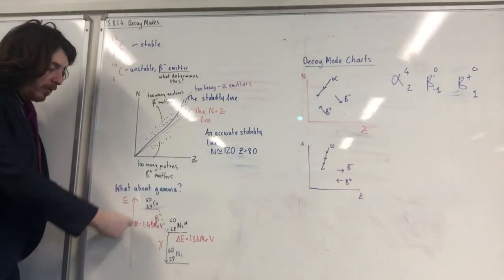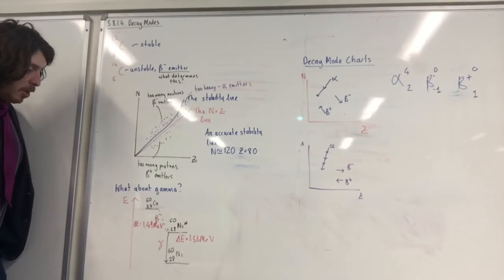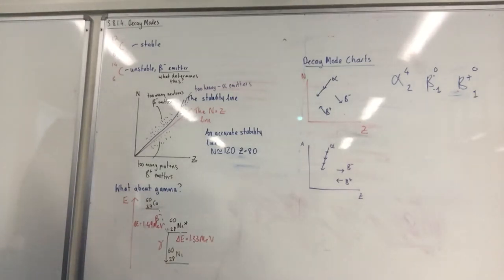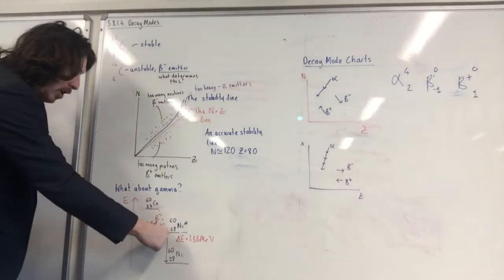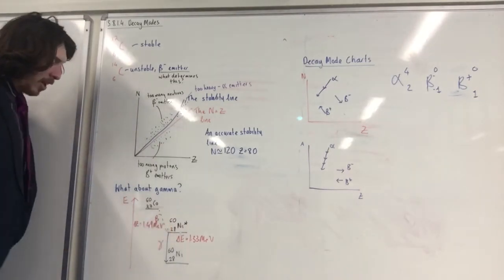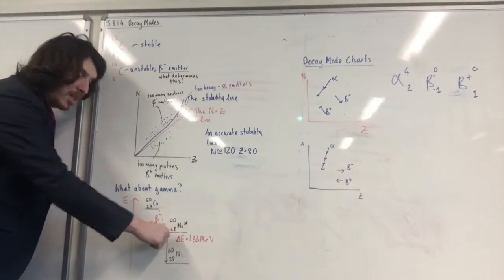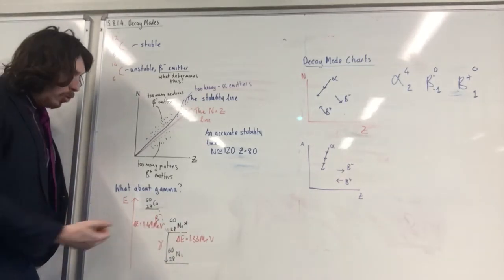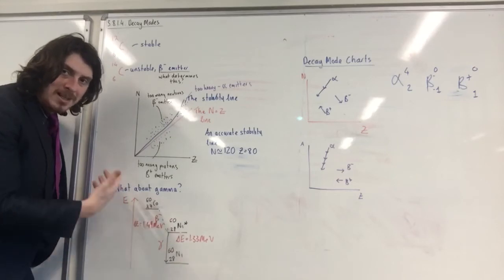So let's say that we've got cobalt 60. Cobalt 60 is a beta negative emitter. That forms a new element, which is nickel, and nickel 60 forms in the metastable state. What I mean by that is, when it's formed, it's already excited.